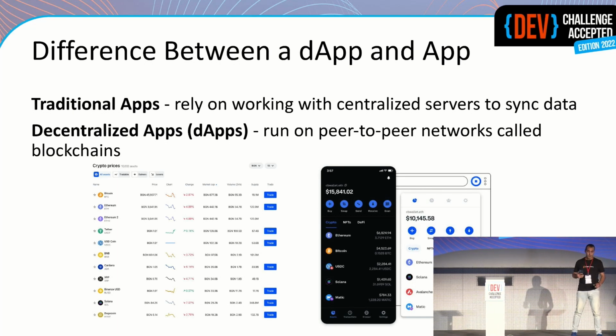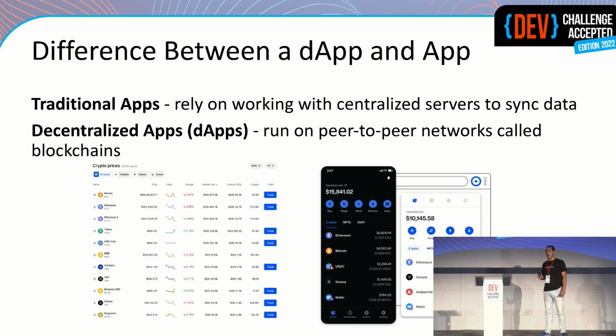But then again, we've got a lot of applications dealing with crypto tokens, for example Coinbase, that still rely on working with private centralized servers. So you can never tell whether you're dealing with a dApp or an ordinary app solely on its look, because they may look identical.